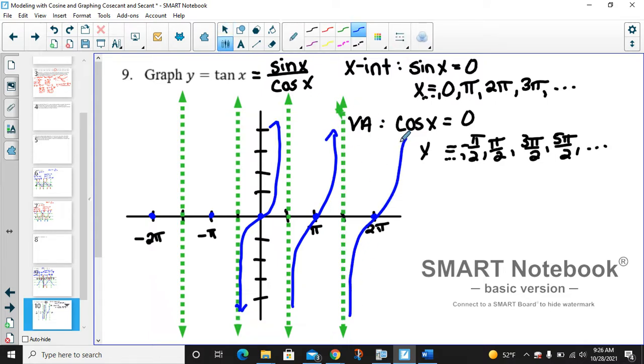So that's what cosine looks like. Or I'm sorry, that's what tangent looks like. Whoa, that was awful.